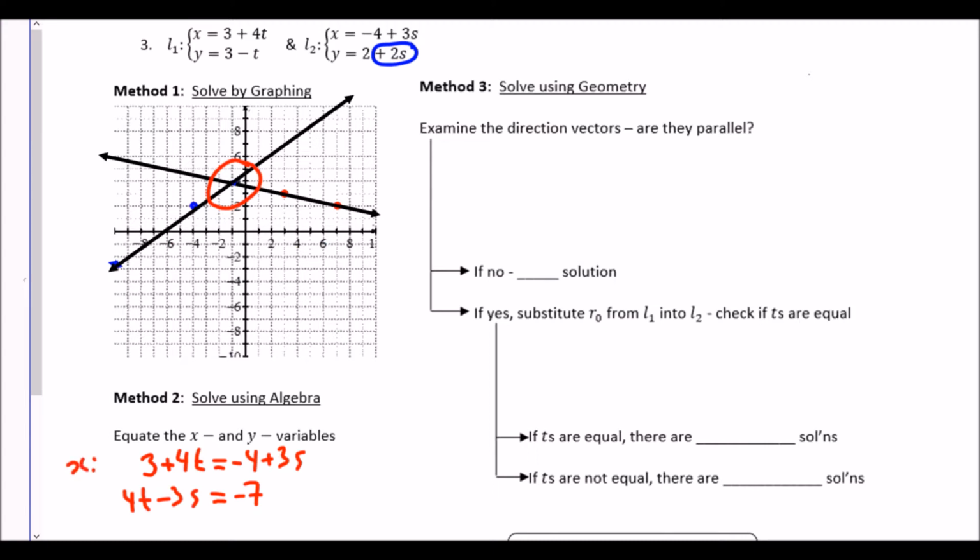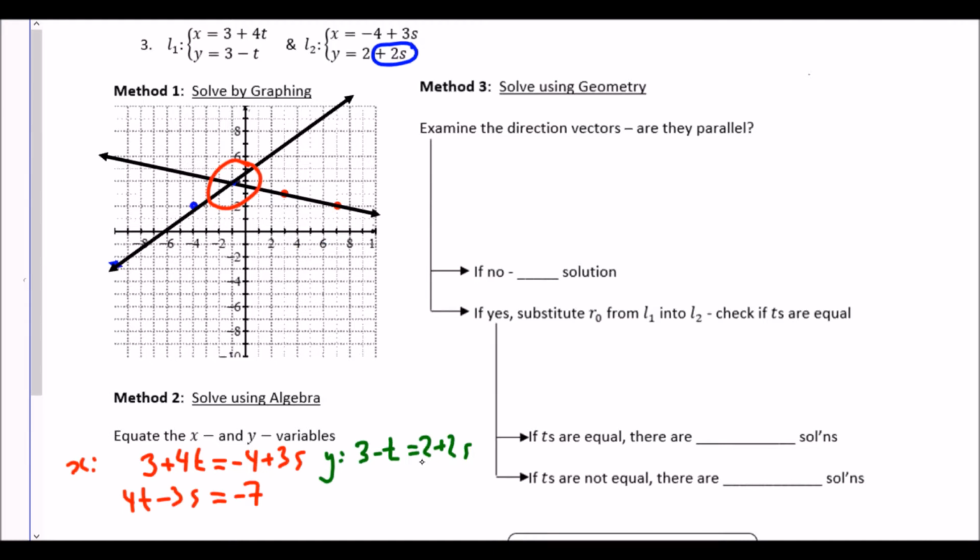The y's, I'm going to have 3 minus t is equal to 2 plus 2s. I'm going to bring everything over.